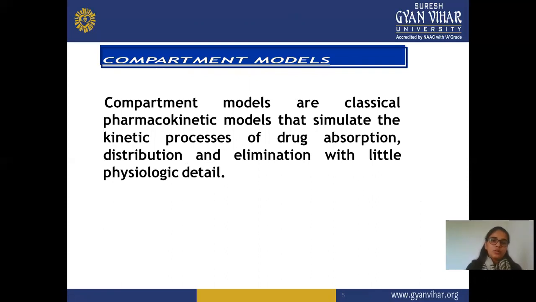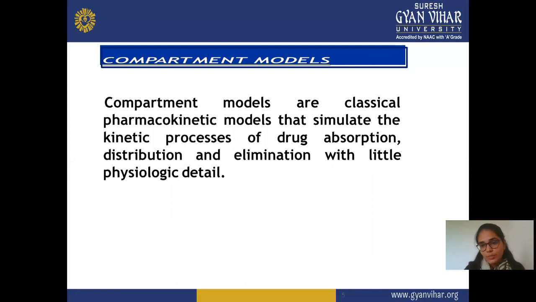Next is the compartmental model. We can say that compartmental models are the classical pharmacokinetic models that simulate the kinetic process. Meaning these compartmental models give the kinetics, results, or information about the process of absorption, distribution, and elimination.